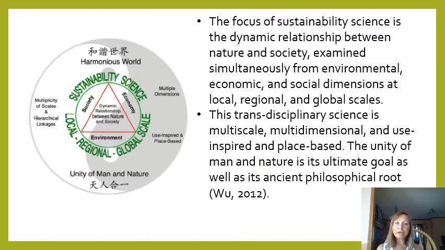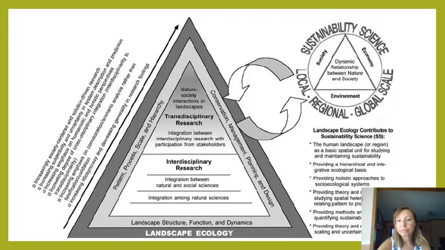They are interconnected at the local, regional, and global scale, and the system can only be sustainable when it relies on environmental sustainability, on landscape sustainability at any of those scales. Landscape ecology and landscape analysis make a very important contribution to sustainability studies and sustainability science.